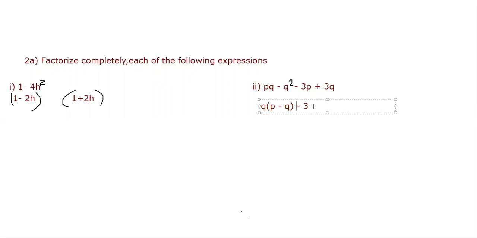Because this is the part that doesn't really pose a challenge. This part normally poses a challenge. So 3 into positive 3p, and it's a negative.